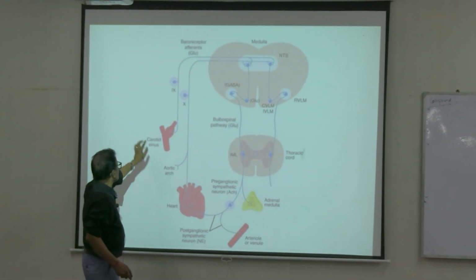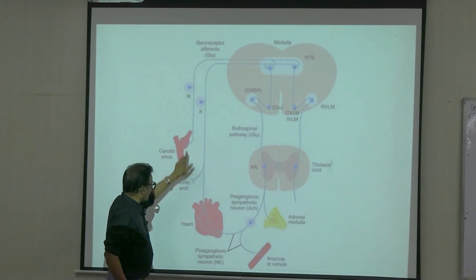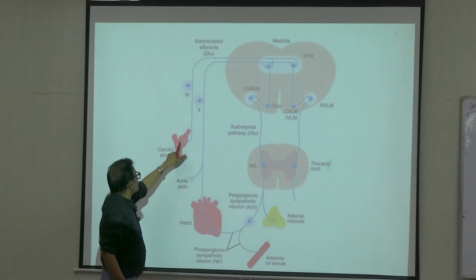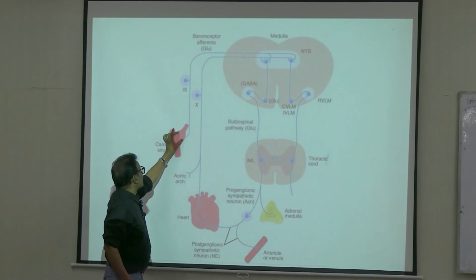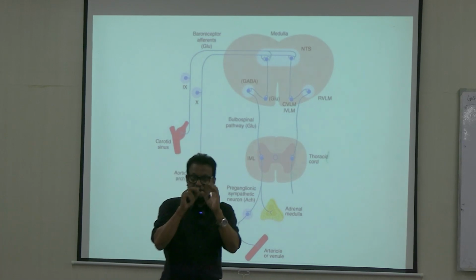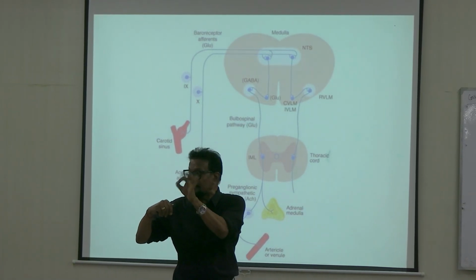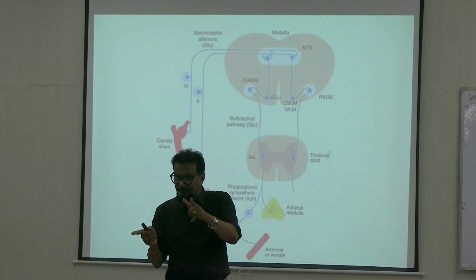The baroreceptors are located here and also here. What are these baroreceptors? They are located in the carotid sinus, the inflated area. In the wall of the carotid sinus, in the tunica adventitia, there are free nerve endings.